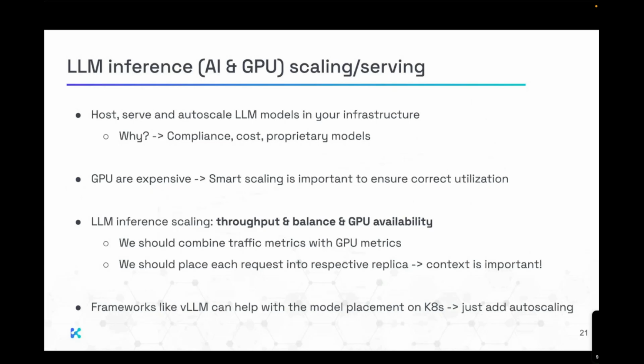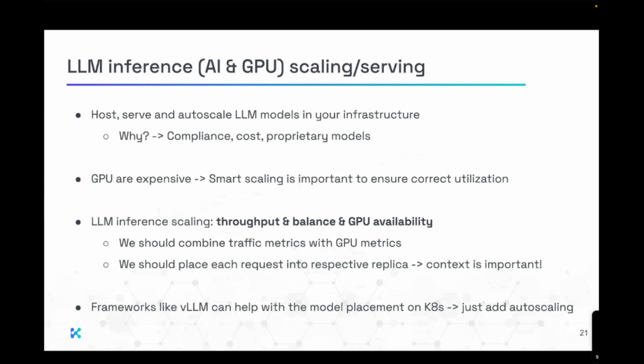There are some frameworks that help with the serving part of the models on Kubernetes. One of them is vLLM, a very good framework project. I like it. It's a unified way to deploy different models on Kubernetes, and they provide a bunch of different metrics. So for us, the deal is just to add some clever auto-scaling.